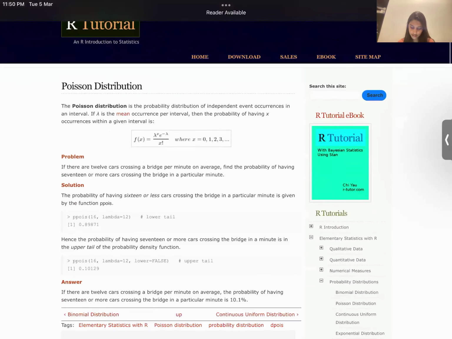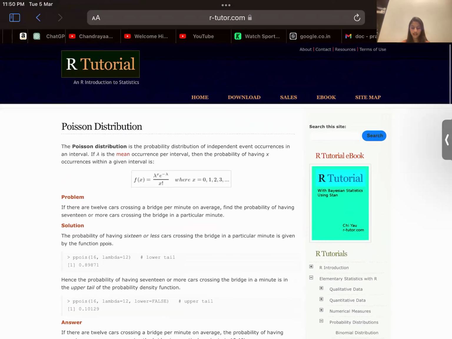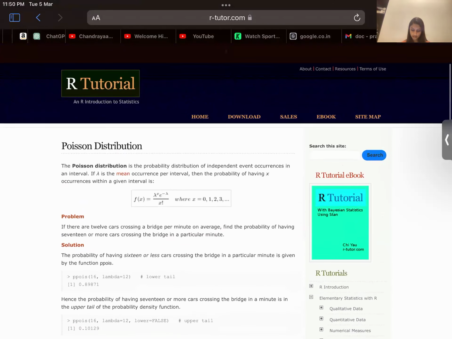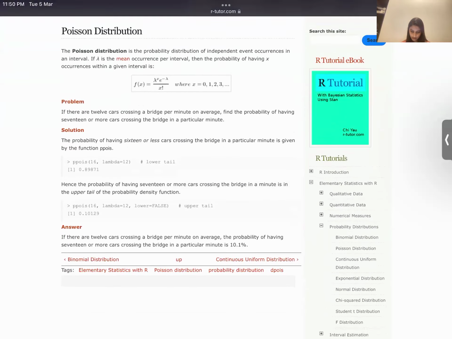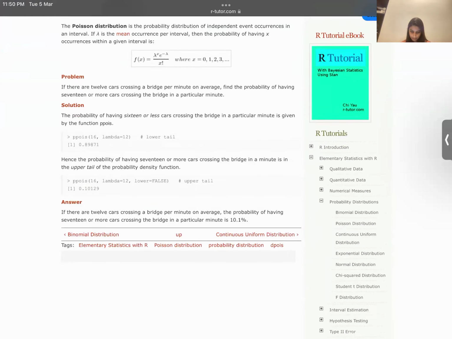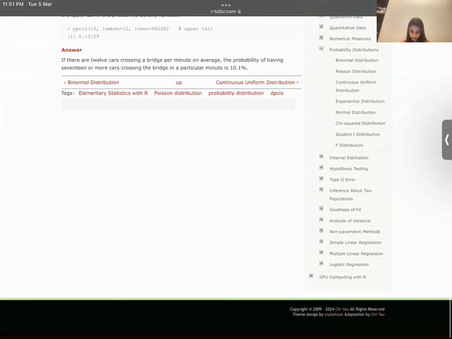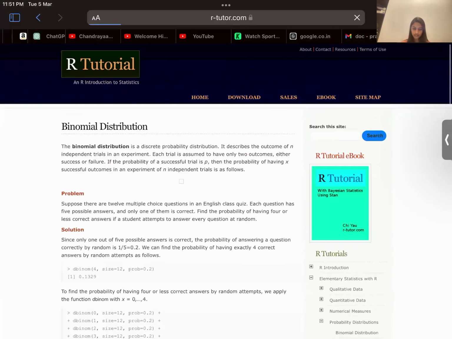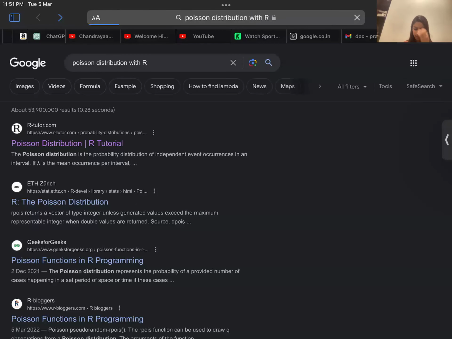If you just Google Poisson distribution with R, you'll find all these tutorial pages. They've given some examples as well. So all these you can find out by Googling, but we will provide you the scripts for this code.